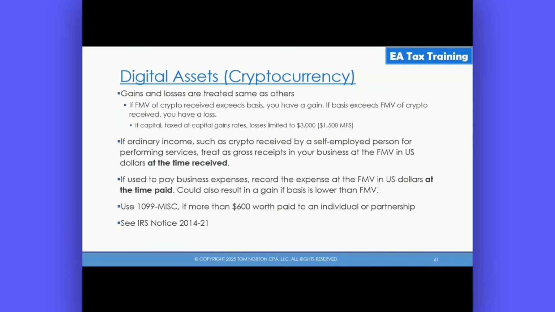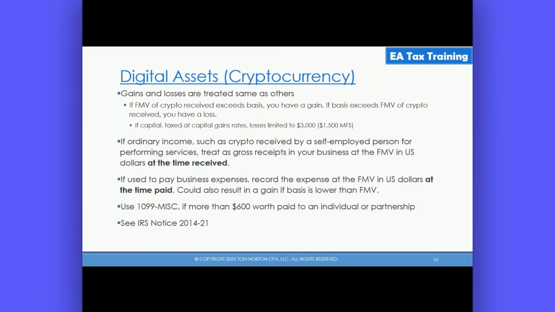This could also result in a gain if your basis is lower than the fair market value. So let's say you received the crypto for services that you performed, and at the time you received it, it was worth $100. And now, several months later, you are paying some other service provider for something they did. And let's say you are paying for services that are worth $500.